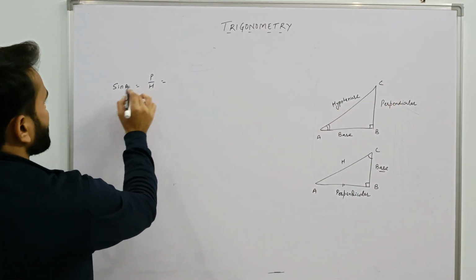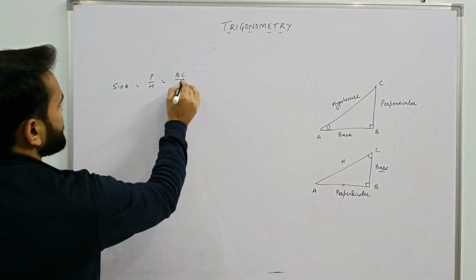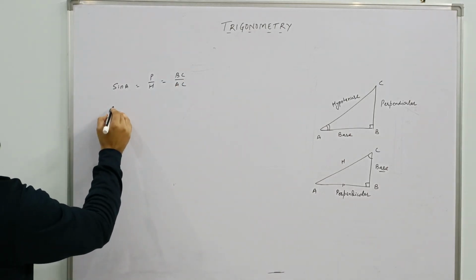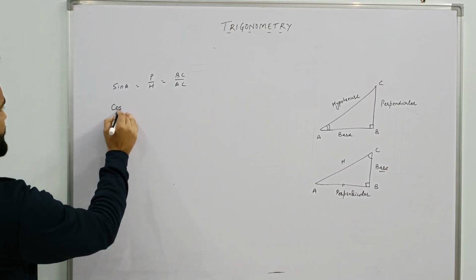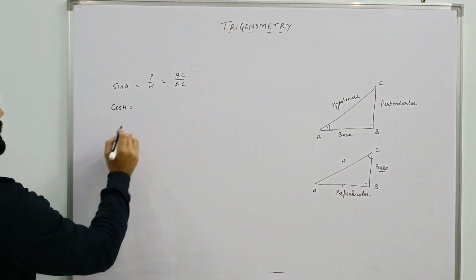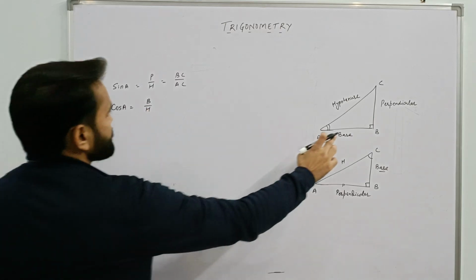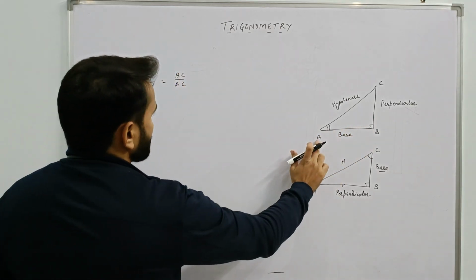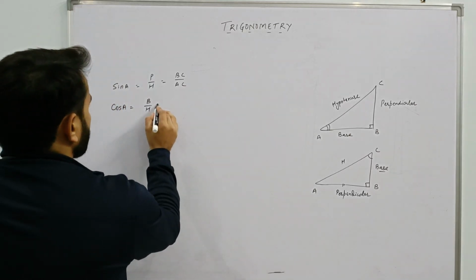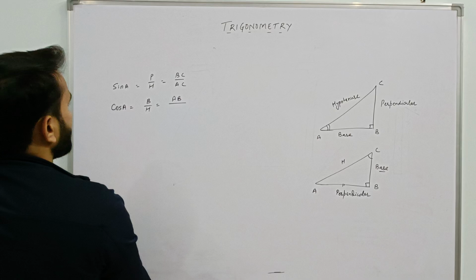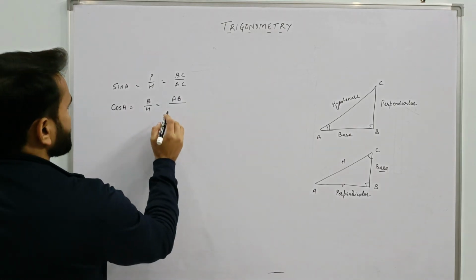So sine of A will be equal to BC upon AC. Now I will define another trigonometric ratio, that is cos A. Cos A is base upon hypotenuse, and in this triangle with respect to angle A, the base is AB and the hypotenuse is AC.